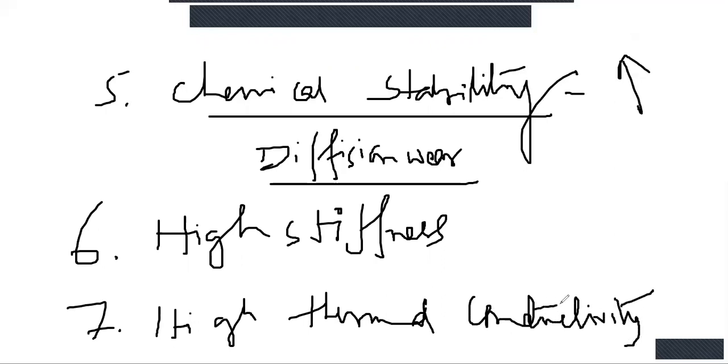If the thermal conductivity is high, then the heat transfer rate is also high, so that the maximum heat of the tool chip interface region is released from the contact region, so there is no chance of deformation of the tool. Okay, so high thermal conductivity is also a requirement.